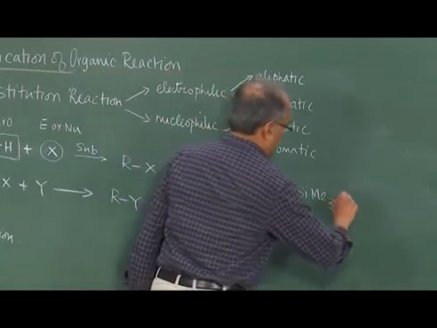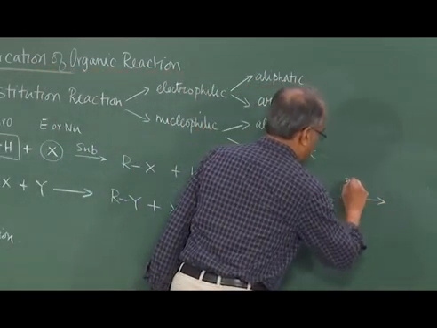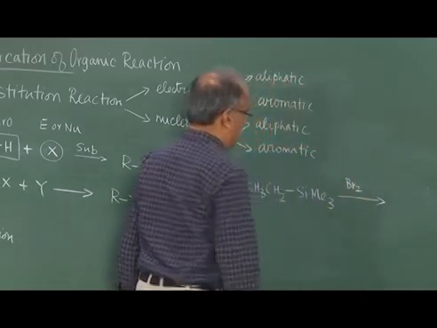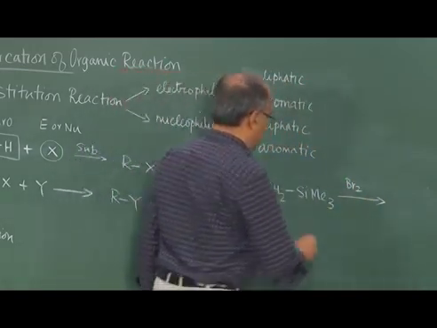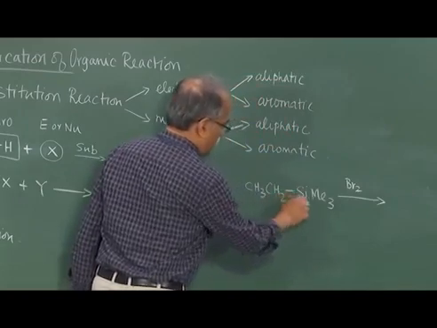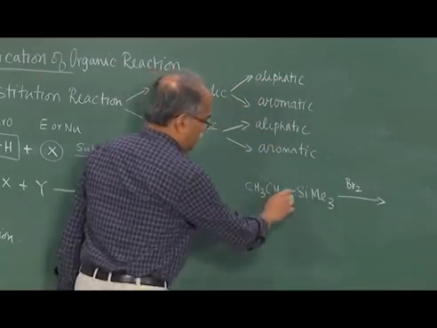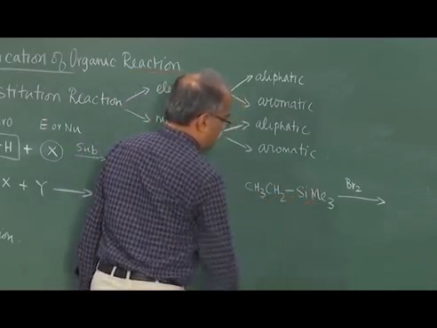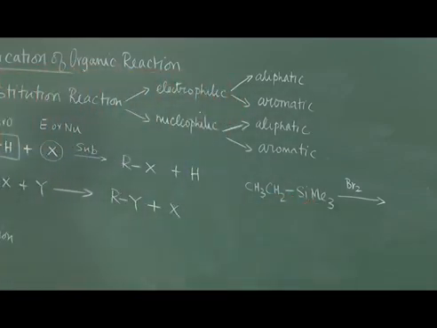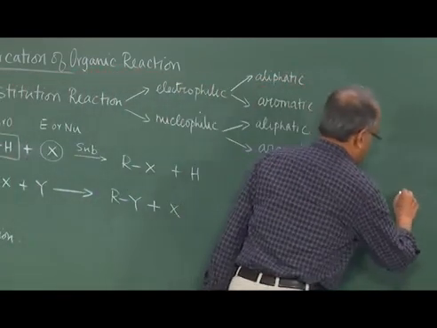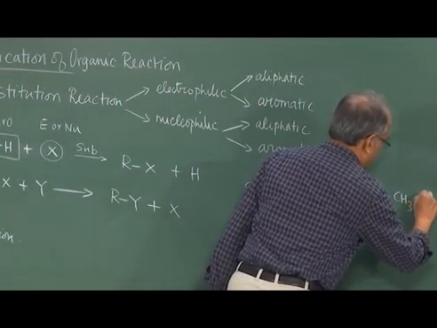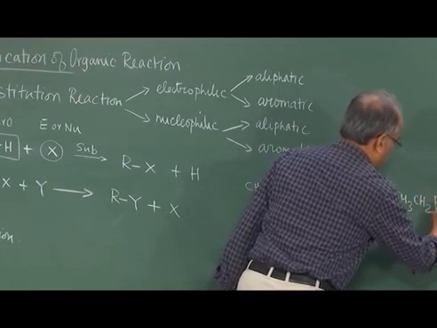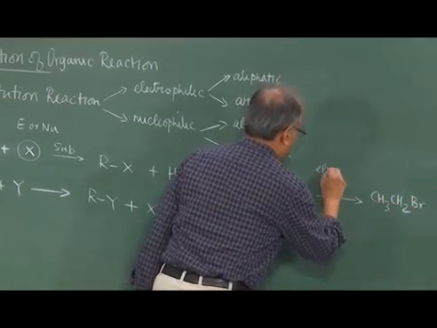If you treat this with a halogen, let us say bromine as a reagent, the carbon-silicon bond is broken. So, silicon is the leaving group here, but it is leaving as SiMe3 plus, and the reacting species is bromine. Bromine is the electrophile.